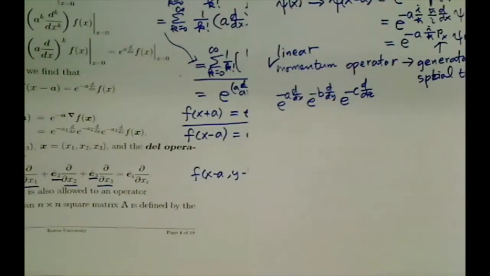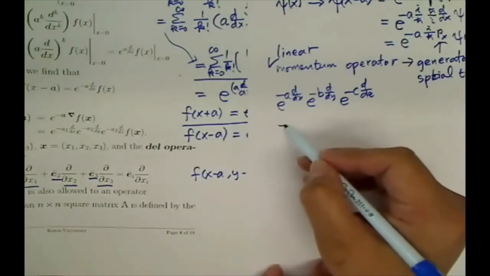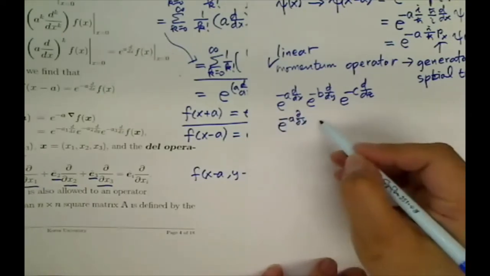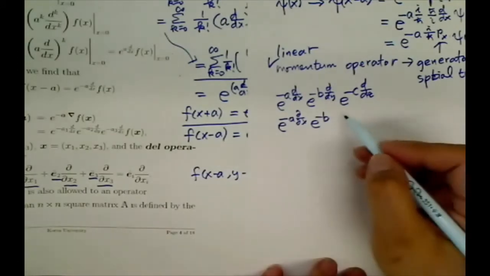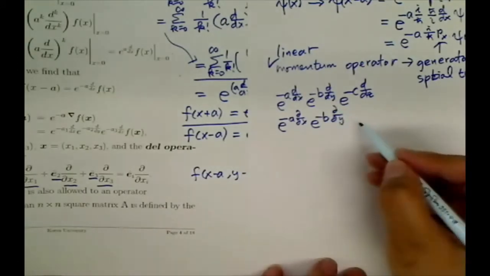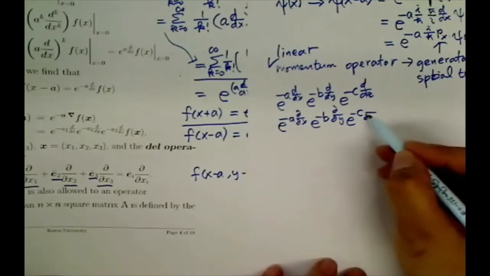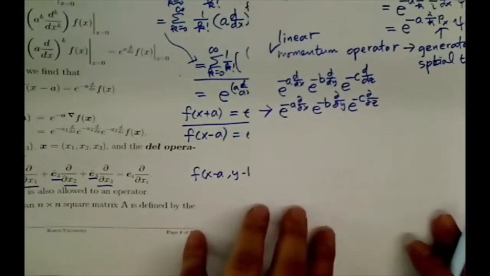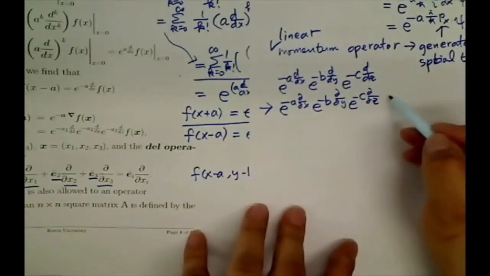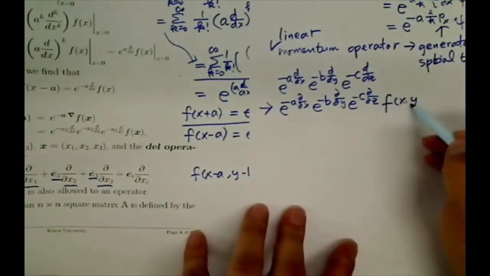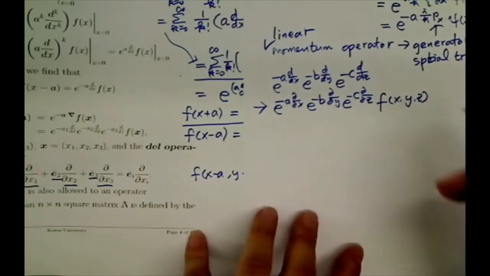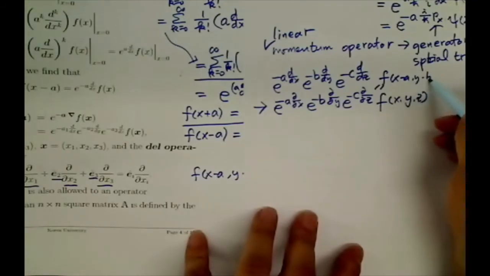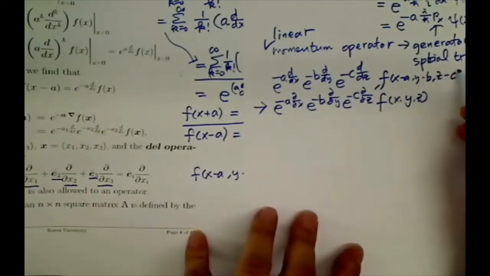So the correct way of writing this operator is... so if I apply this one to f of x, y, z, then this one is f of x minus a, y minus b, and z minus c. All right.